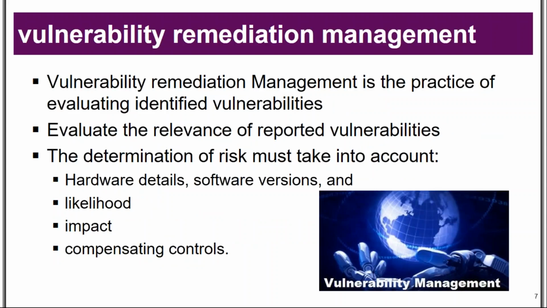Once we do those things, we move over into vulnerability remediation management. So this is another step of those five you want to have in place. Vulnerability remediation management is where we evaluate the vulnerabilities that we identified during our vulnerability assessment process.